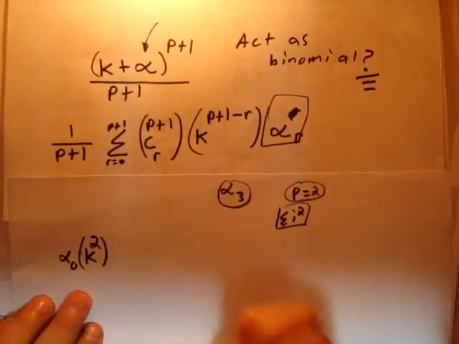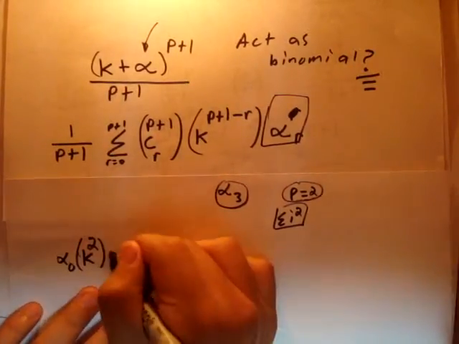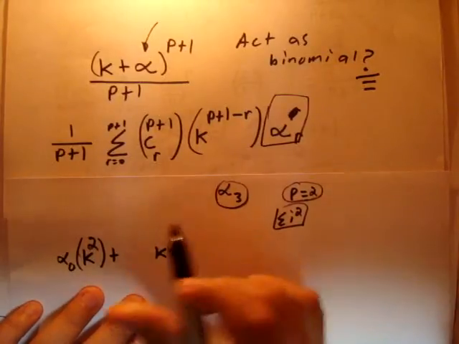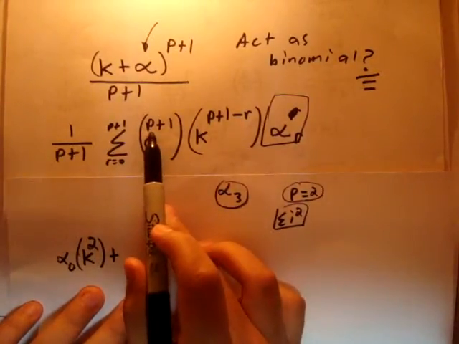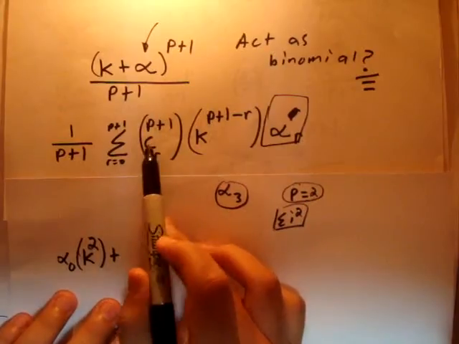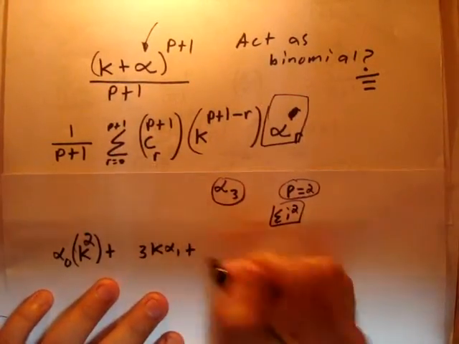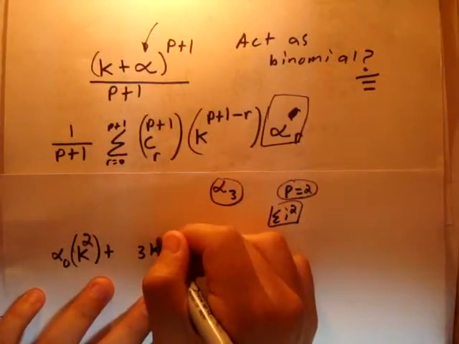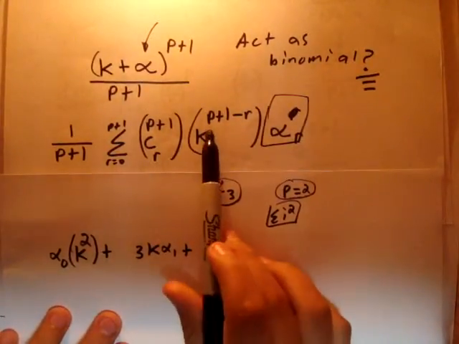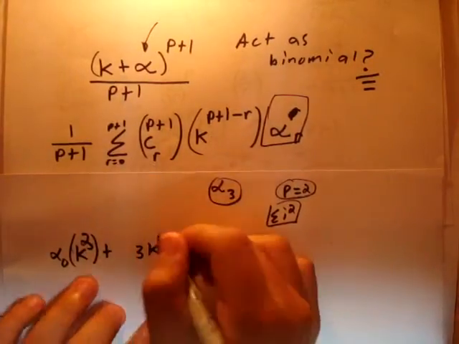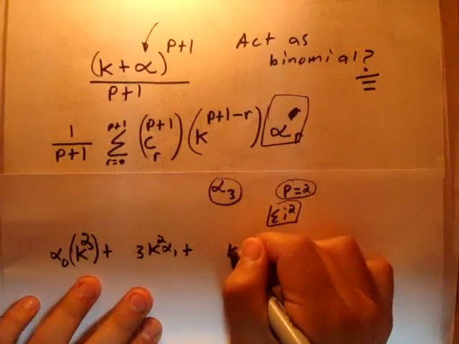There's an alpha 0. We did find alpha 0 and alpha 1. Plus, there's a k right here, alpha 1. Here, p equals 2, so that's 3 choose 1. That's going to be a 3 here. Plus, here there's k squared, this is actually 3, my bad. This should be squared. Then we have another k right here.